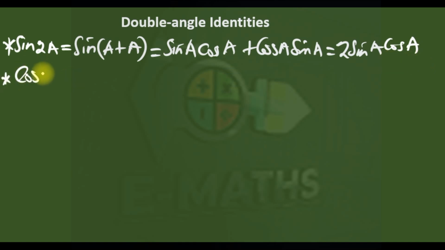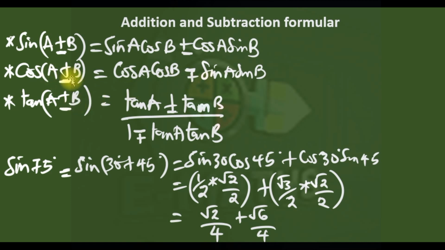So for cosine, 2a is also a plus a. For cosine, we have 3 formulas here. The first one, let's expand using our addition formula. So b is now a.